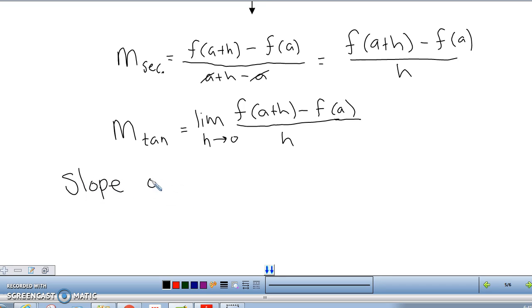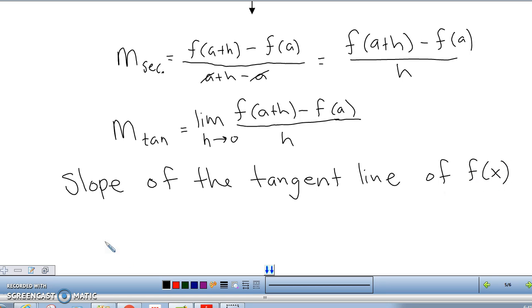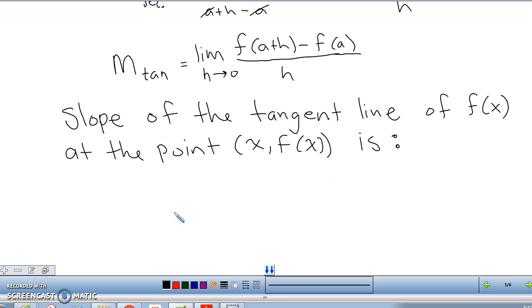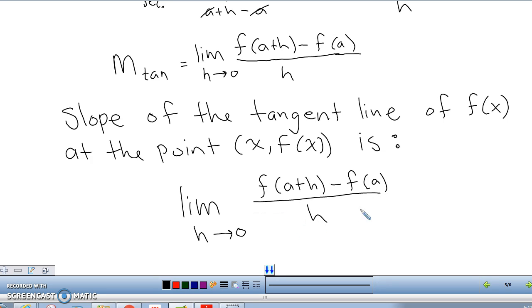The slope of the tangent line of f of x at the point x comma f of x is, well, that's just what we found out, the limit as h approaches 0 of the function f of a plus h minus f of a over h.